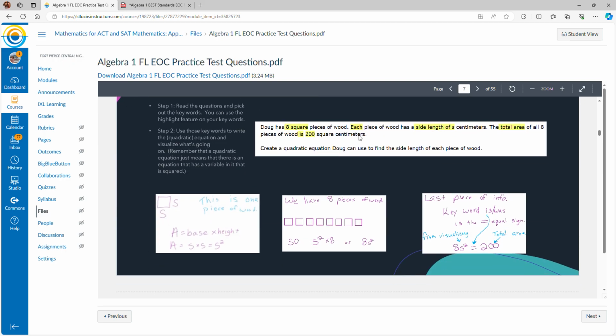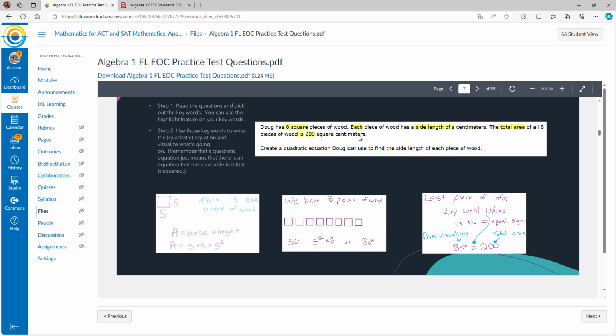The first step is always marking up our keywords: read the directions and pick out the keywords. You can use the highlight feature on the testing app platform to do that.